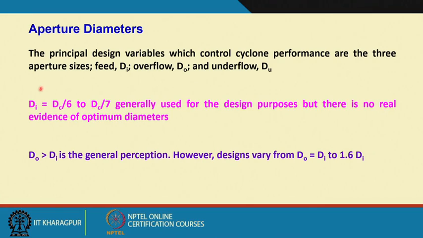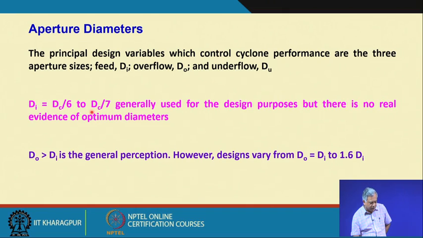Normally, you see that they are all in terms of cyclone diameter. DI is equal to dc by 6, that is 1/6 of the cyclone diameter, or 1/7 of the cyclone diameter. These are standard designs generally used for design purposes, but there is no real evidence of optimum diameters.